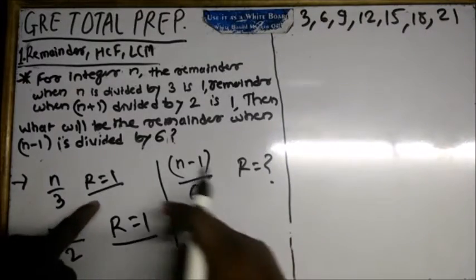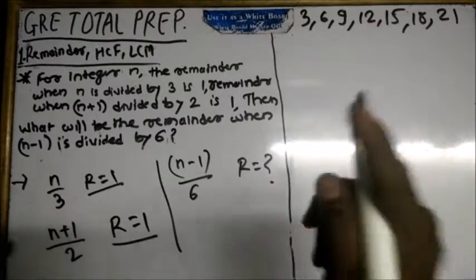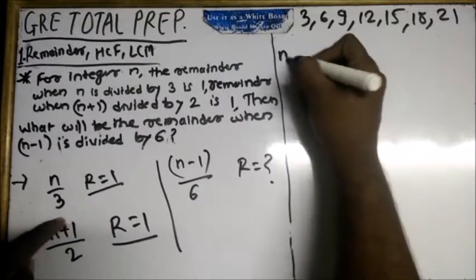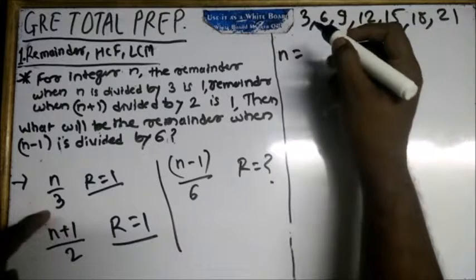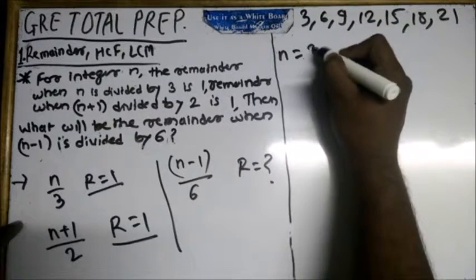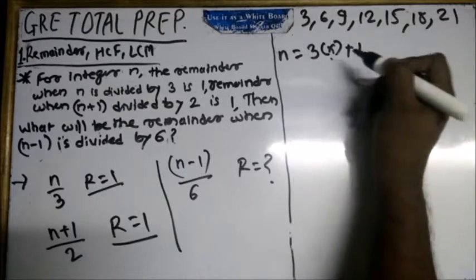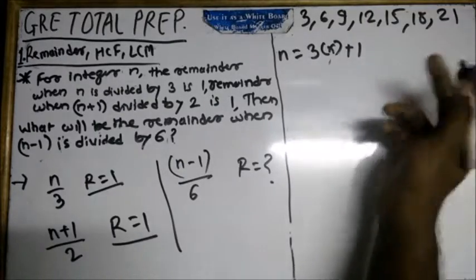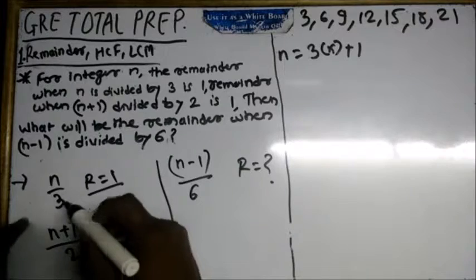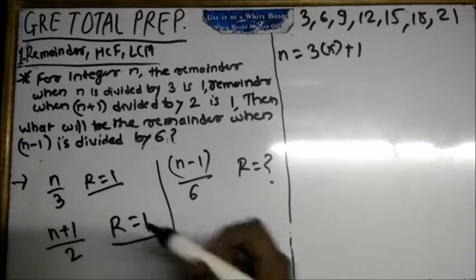So it is only possible to get remainder 1 when n is 3x plus 1. x is like the quotient when we are dividing number n by 3.